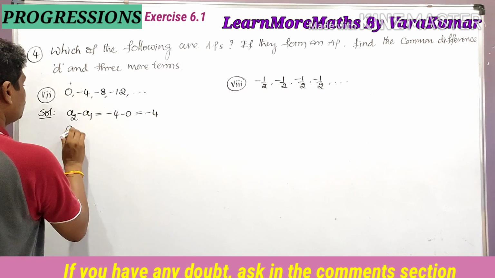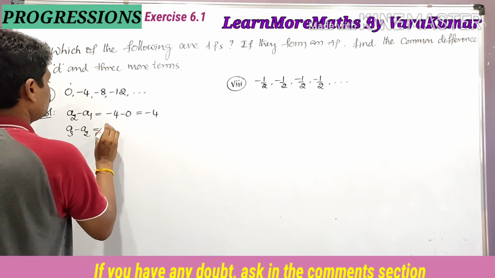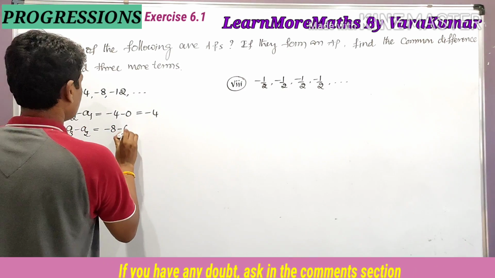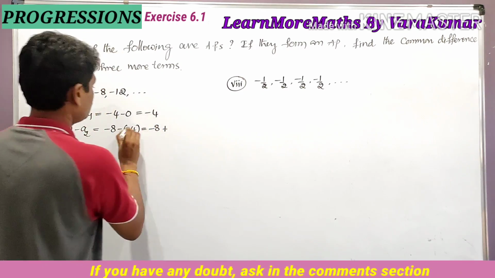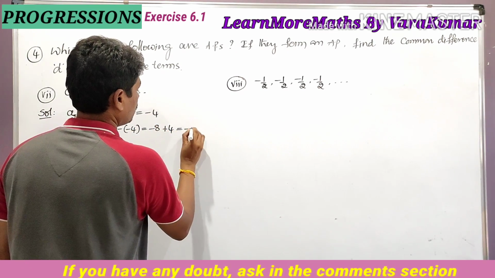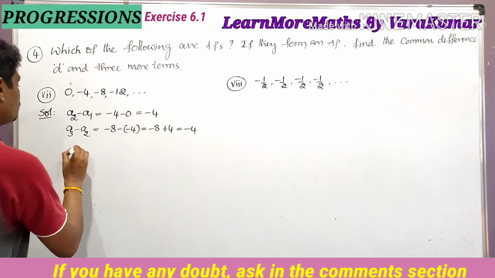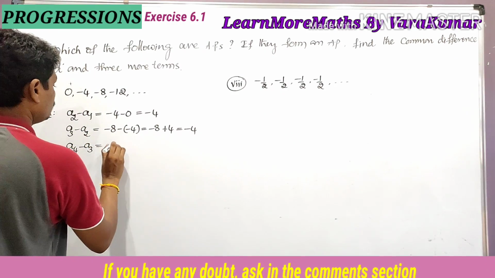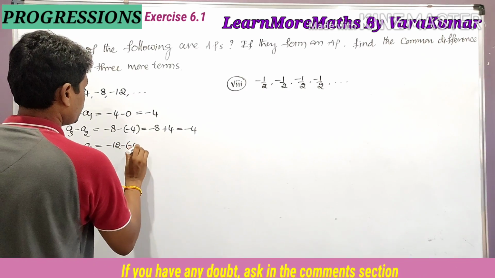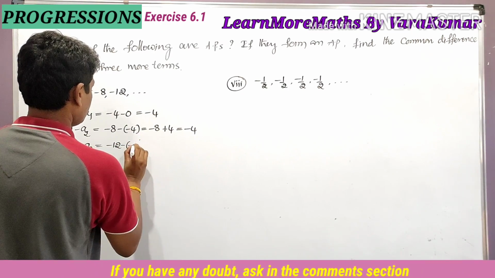So next a3 minus a2 is equal to: a3 is minus 8 minus a2 which is minus 4, minus into minus is plus 4, again we get minus 4. So next a4 minus a3 is equal to minus 12 minus of minus 8.